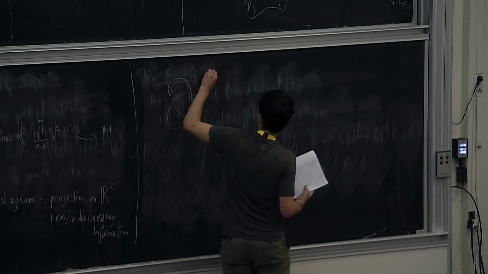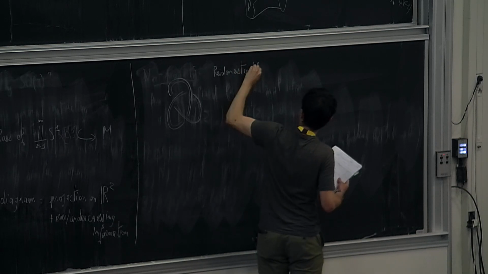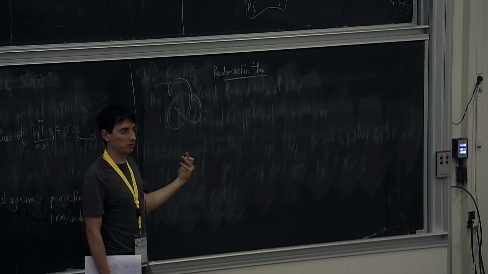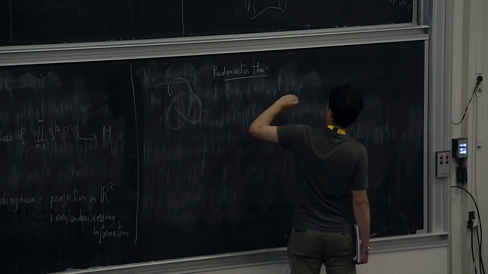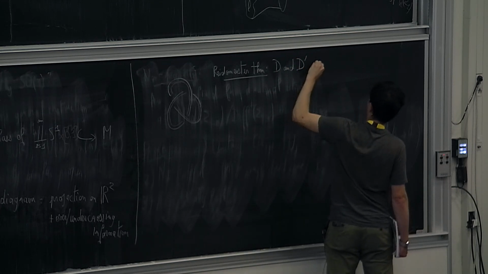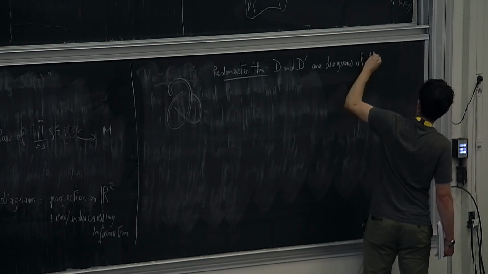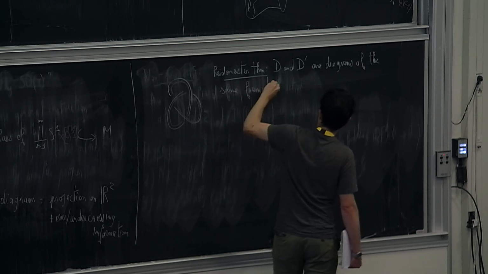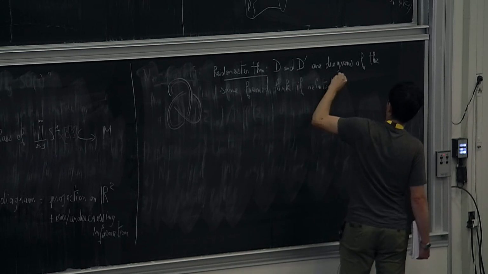And well, you have a theorem, which is the so-called Reidemeister theorem, which tells you when two diagrams of links are the same link. So you have that D and D prime are diagrams of the same framed link if related by the moves.